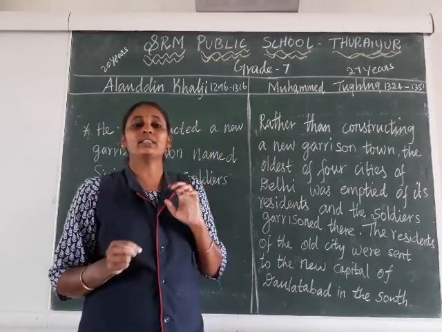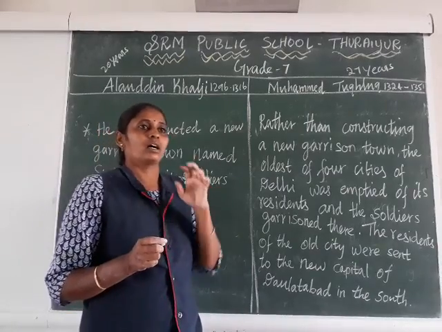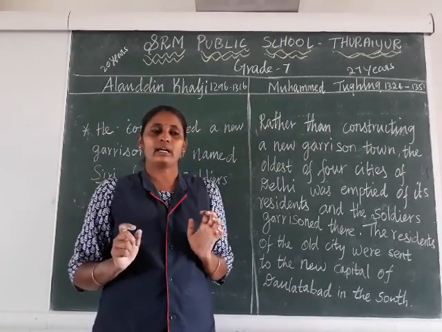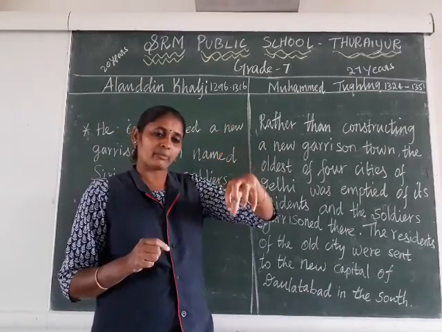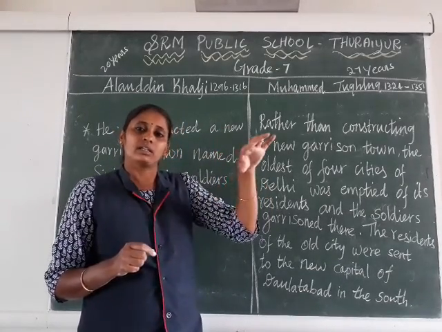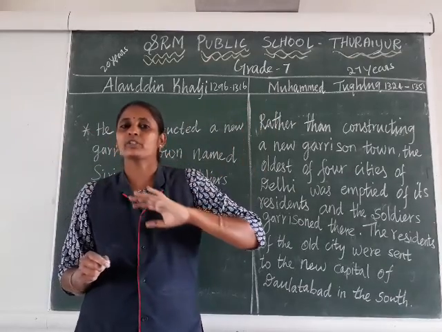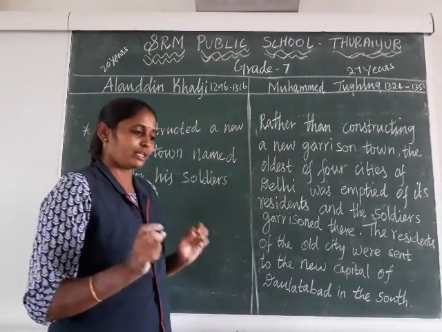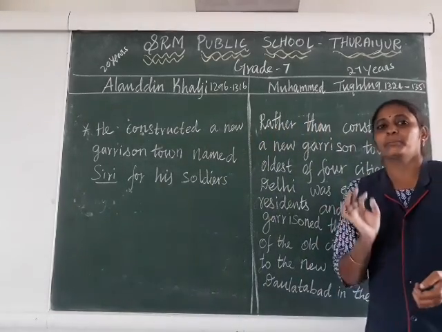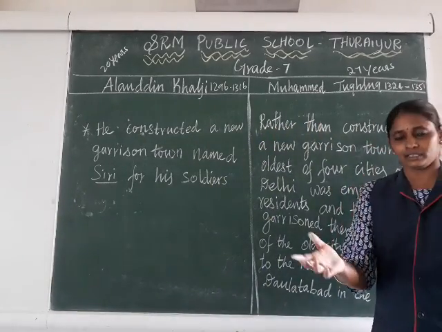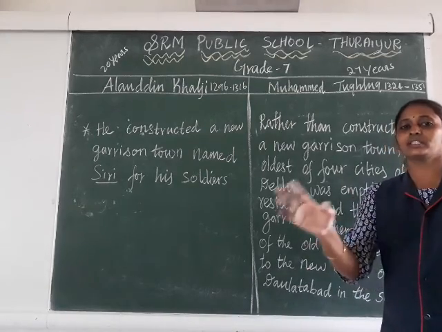He thought, suppose I rule the entire India from only Delhi, the administration of distant places would be very difficult. His thinking is good, but what method did he follow for changing his capital?